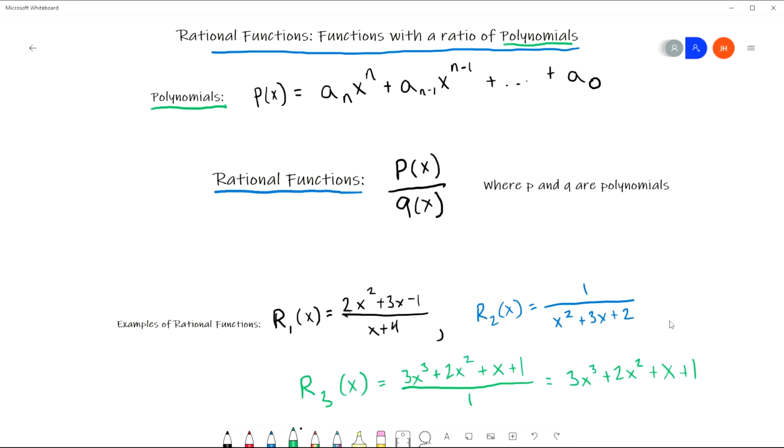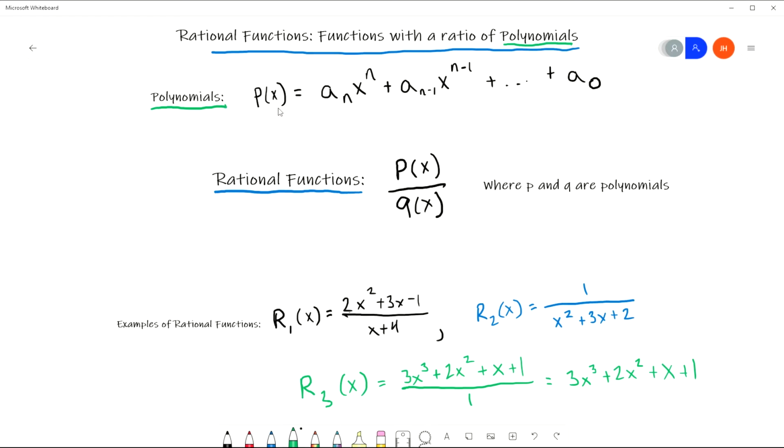So rational functions are very similar to rational numbers because they are defined as any function with a ratio of polynomials. Polynomials are what we've been learning all about recently.